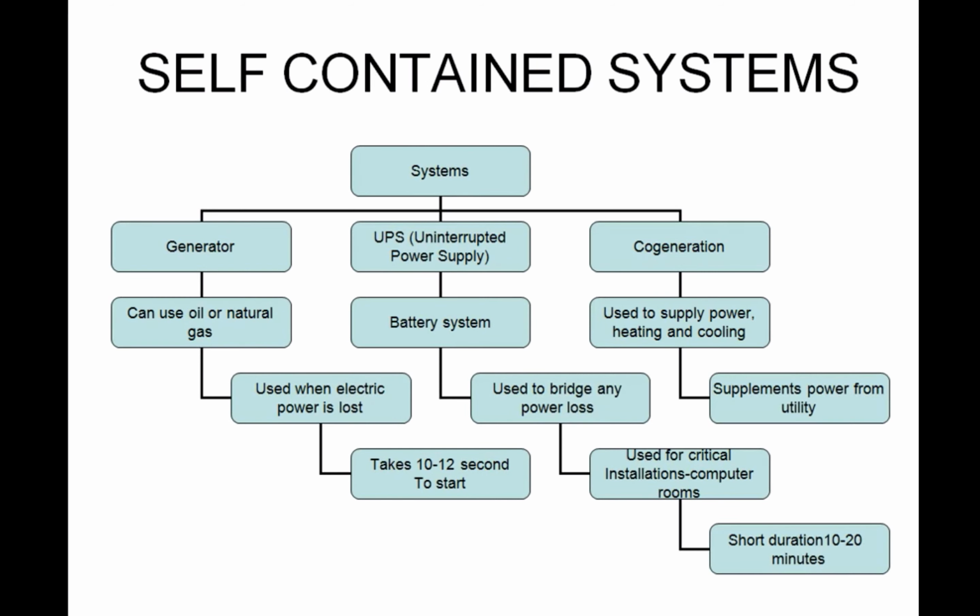So there's also a couple of what we call self-contained systems, and I'll describe what those are. All right, a generator, that's been in the news over the last couple of years, and there's been a shortage of generators. Shortly after Superstorm Sandy, particularly in the New York area, there was a big call and need for generators. They can basically generate electricity, and they need to use another source.